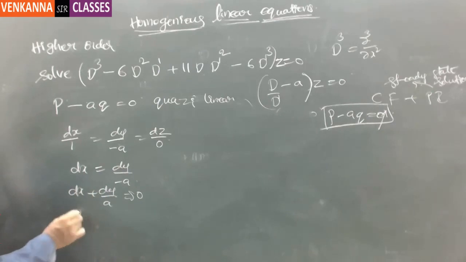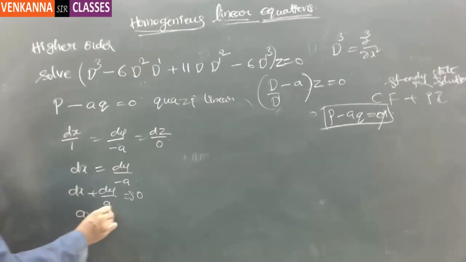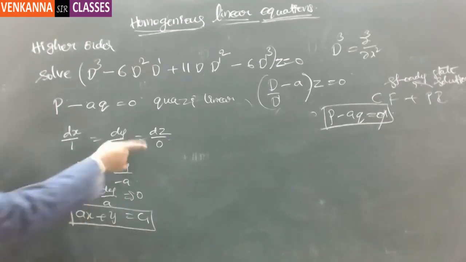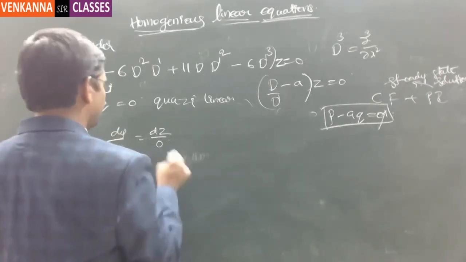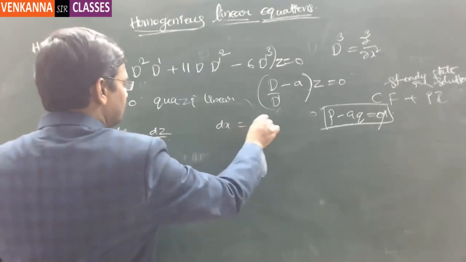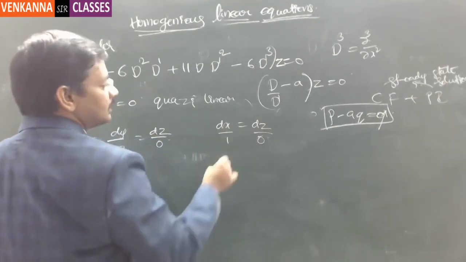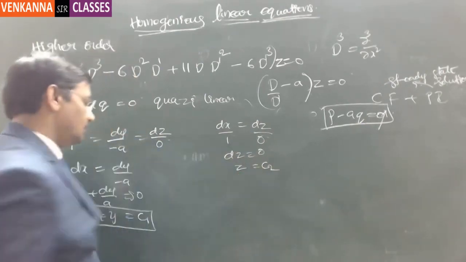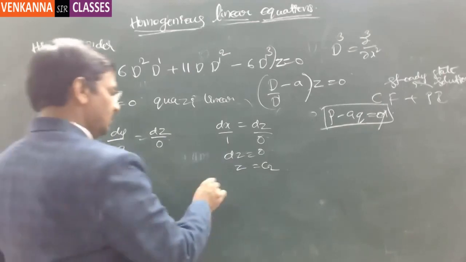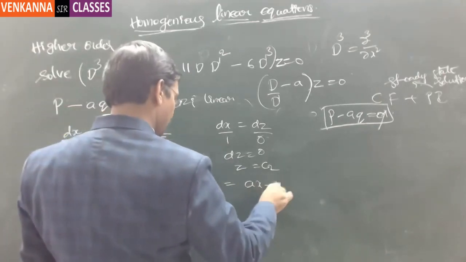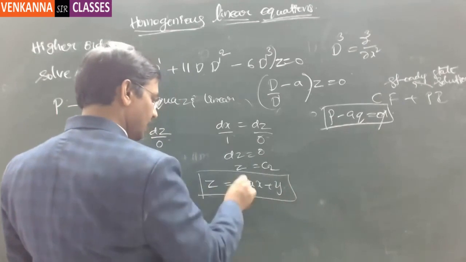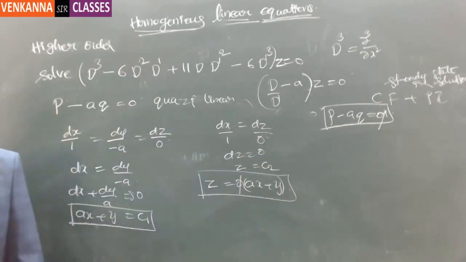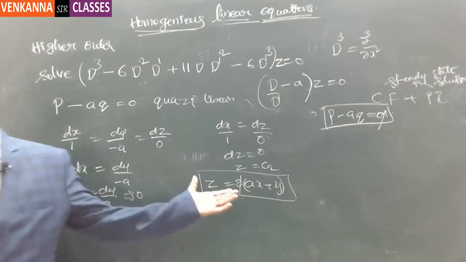So this is ax plus y equal to some constant c1. This is 1. If you take any other equation, dx is equal to dz by 0, so dz is equal to 0 or z is equal to constant c2. So this can be expressed as z is equal to some random function of ax plus y. So this is the final solution. Got it? Understood? This one.